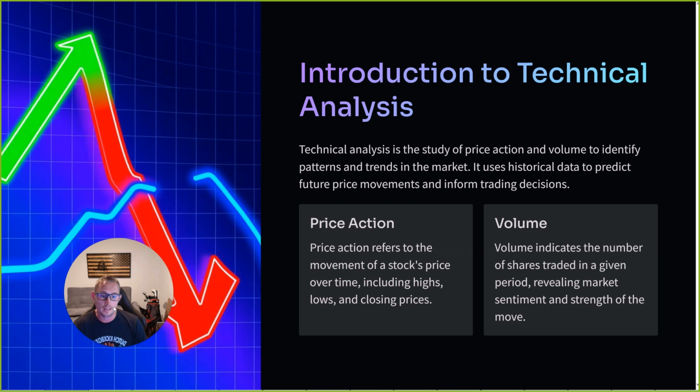And volume indicates the number of shares traded in a given time period, revealing market sentiment and the strength of the move. And that means basically, if you're on a 1 minute chart and you see a million volume on the 1 minute chart, that means a million shares got traded in that 1 minute.